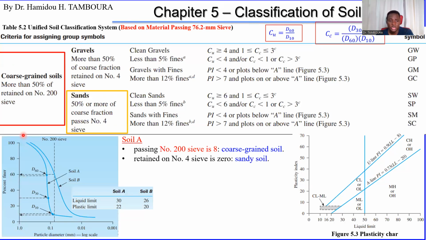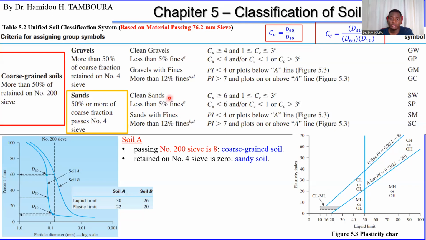It means even for the 1 millimeter opening, everything has passed. So all the soil has passed sieve number 4. More than 50% is passing sieve number 4; the retained on sieve number 4 is 0. So we are here in the sandy soil.